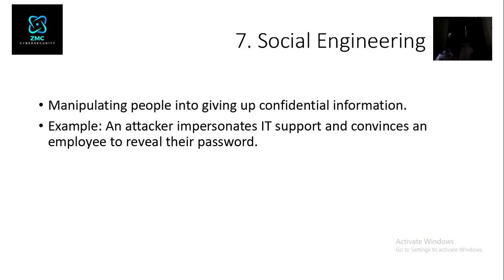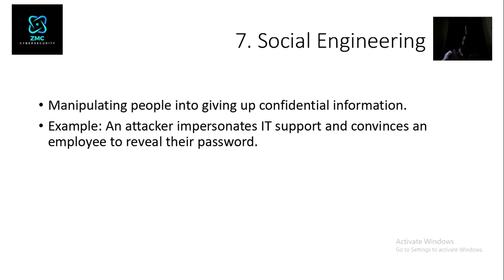The seventh one is social engineering, which is like the brother to phishing. It is manipulating people into giving up confidential information. A video I made earlier spoke more about it, where the attacker manipulates someone to learn the person's pet's name or kind of pet, maybe the date of birth, the first name, the middle name, the social security number, gathering all that information to get an idea of the password, the password syntax or format that was used.